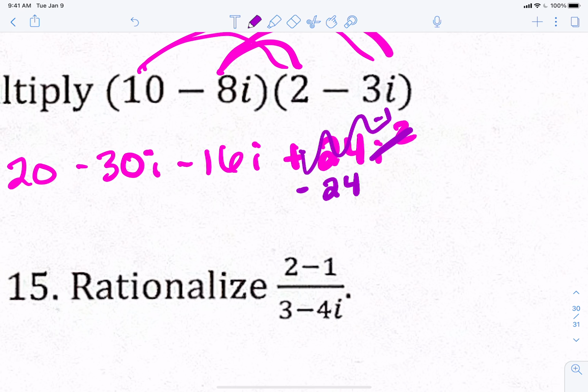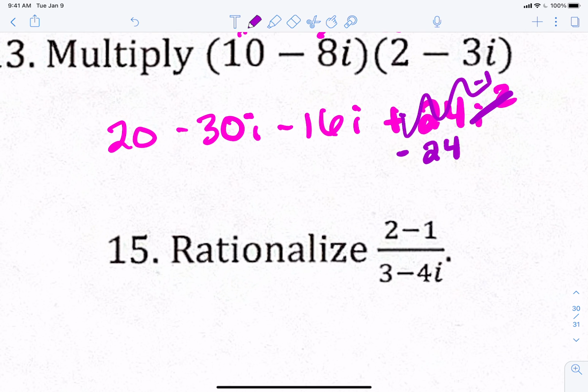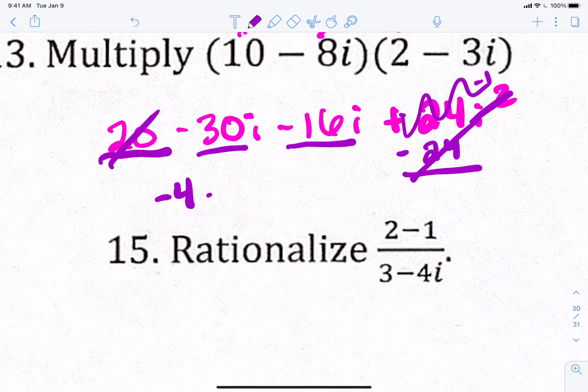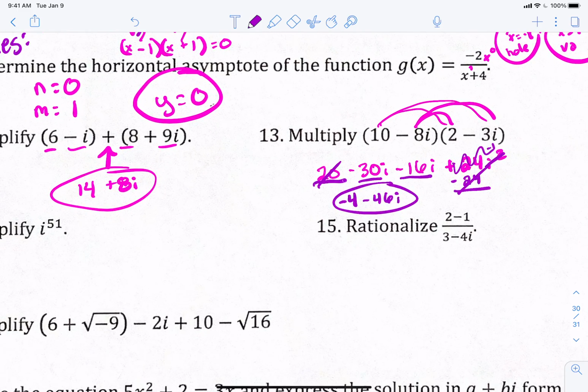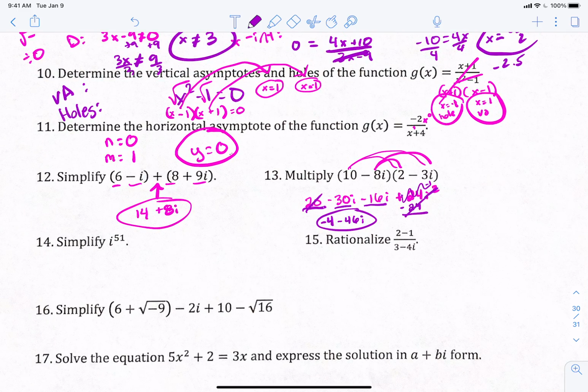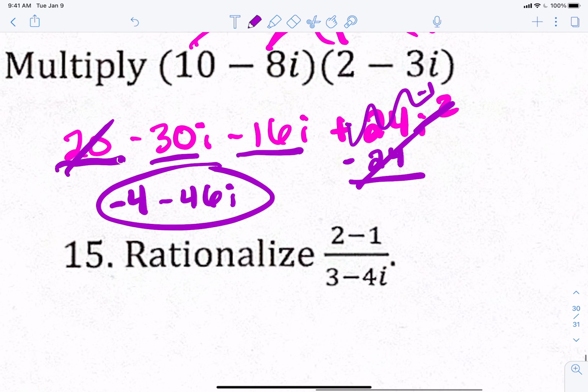Okay, now we combine stuff. 20 and negative 24 becomes negative 4. Negative 30i and negative 16i is negative 46i. Done. Okay. Moving on.